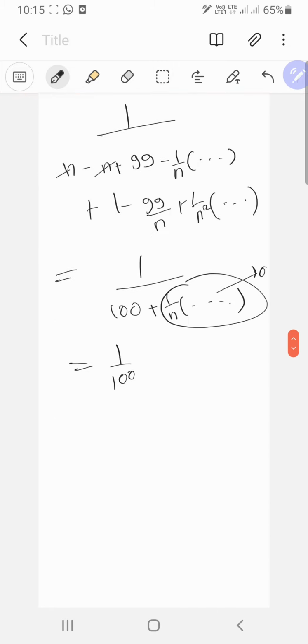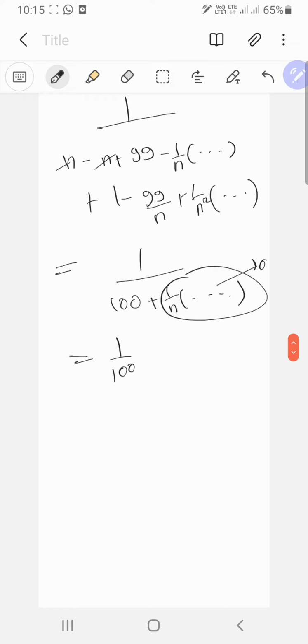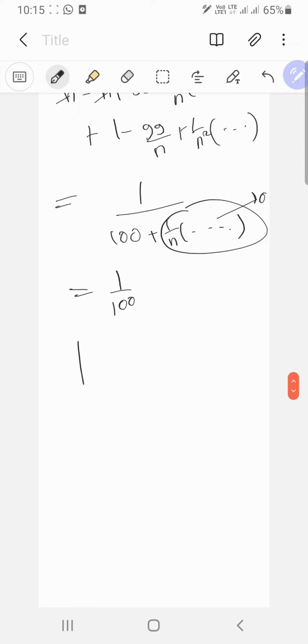Now this is a non-conventional method, because I don't know if the theorem on equal ratios is really valid over here. I think it is, because that's how we did the proof of L'Hopital's rule for the infinity upon infinity case. Say you have f of x upon g of x, where x is approaching infinity.